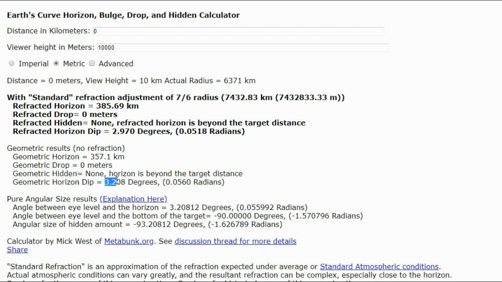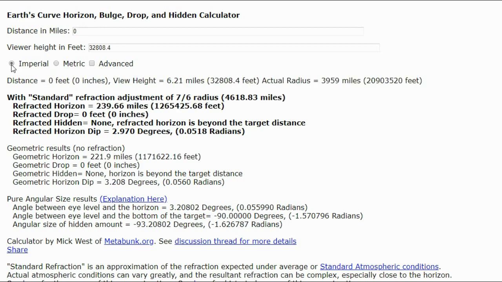And I defy any person to know, if they are in an aircraft looking out, if they are actually looking out at 90 degrees, or if they are looking out at 96.8 degrees, almost 97. You would not know. And in terms of miles, we're talking 221 miles here.